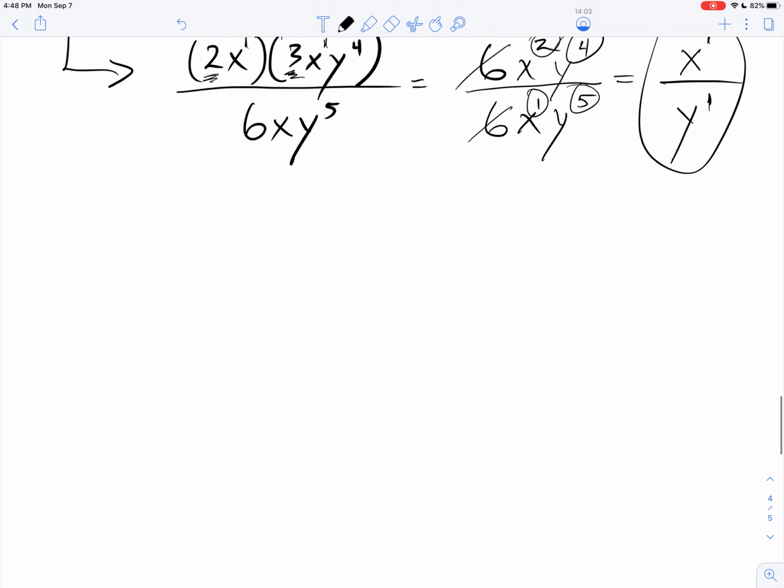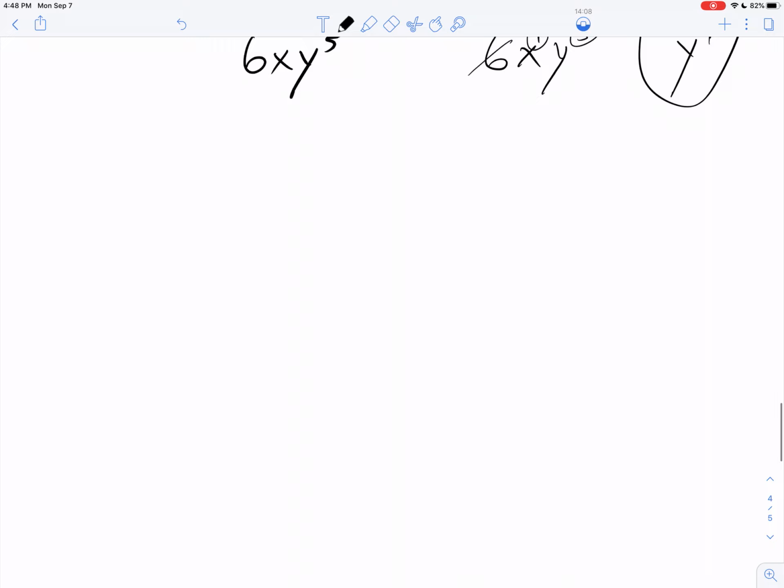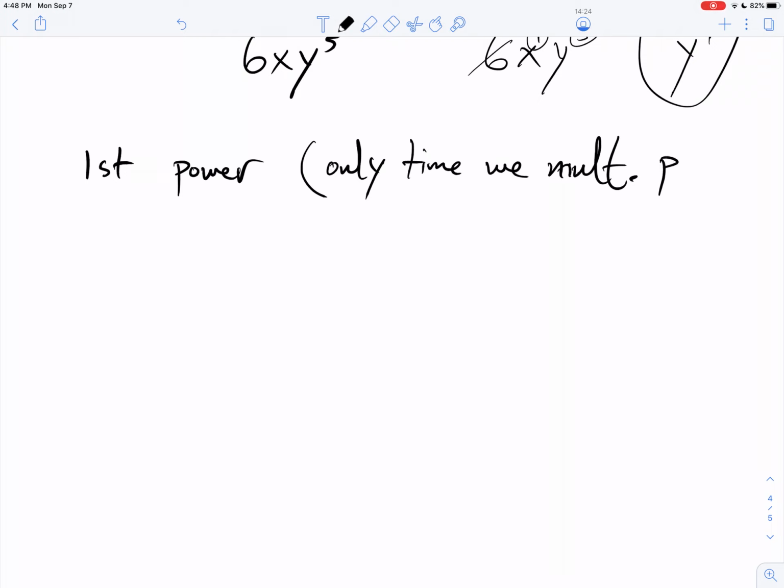So, I always say there are 4 exponent rules. The first rule is called the power rule. That's the only time you will multiply powers. I did not say multiply numbers because the second thing we could do could be any of these 3.